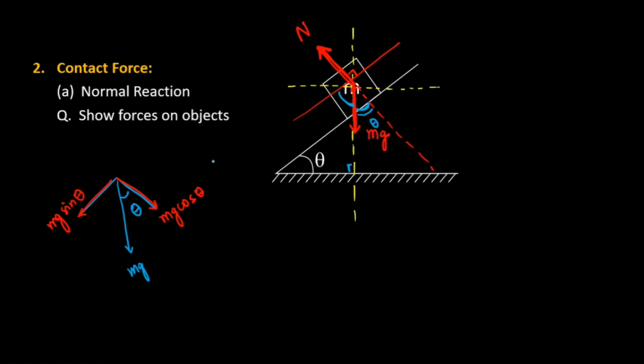So in this figure, mg has a component along this direction, which is mg cos theta, and there must be some force acting in this direction, which is the other component, mg sin theta. This sin theta component is responsible for the movement of this whole mass down the incline.